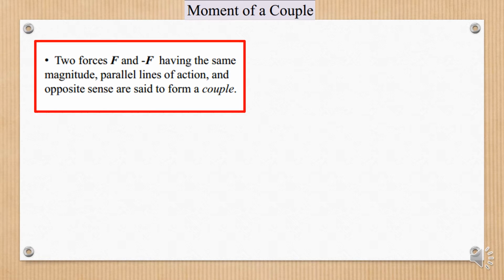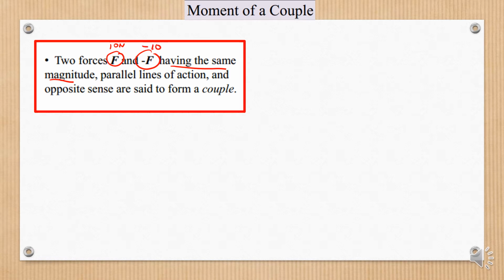In engineering mechanics, a couple is derived when there are two forces, F and negative F, having the same magnitude, the same value. For example, 10 Newton, so this one will be negative 10 Newton.